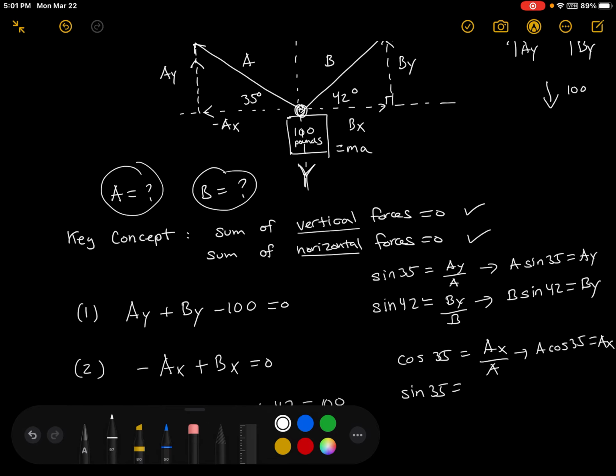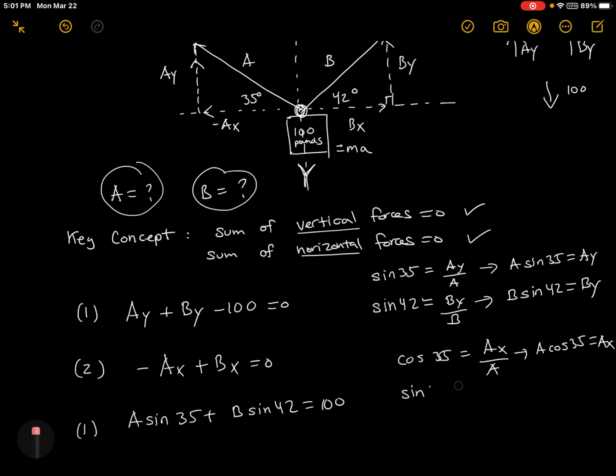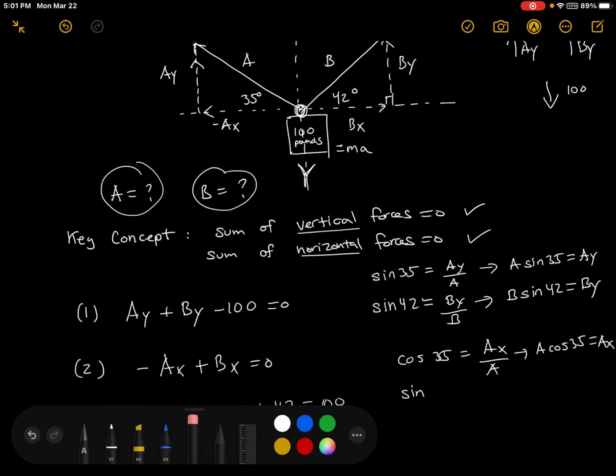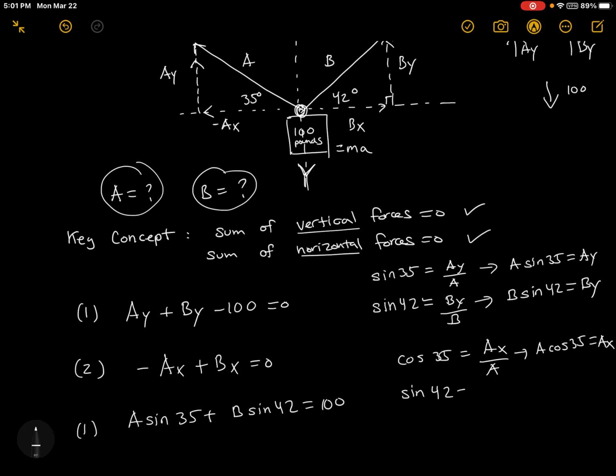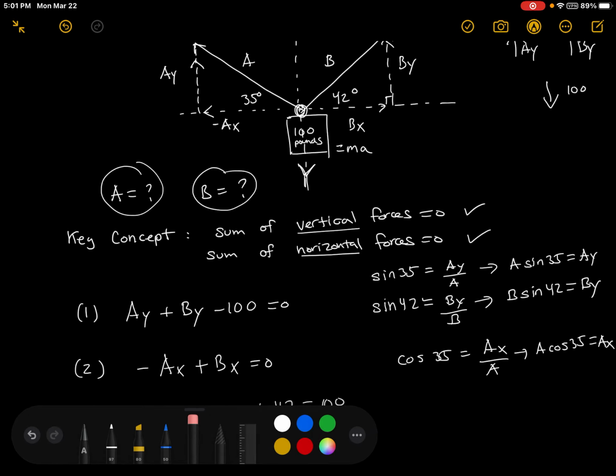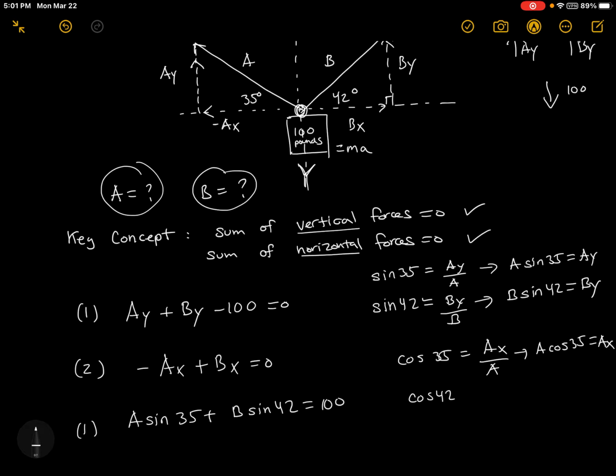Sine of 42 is equal to, sorry, actually it's cosine of 42. Getting ahead of myself here. Adjacent over hypotenuse, B of X over B.